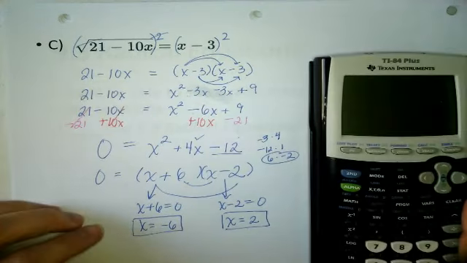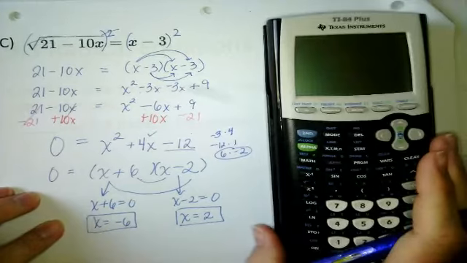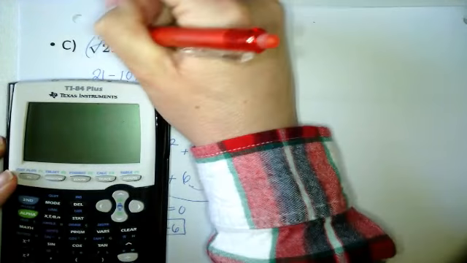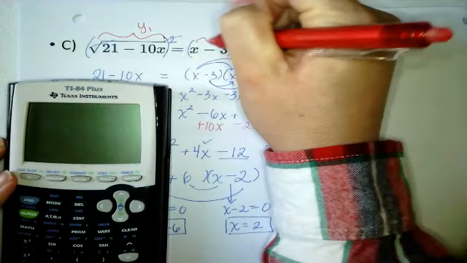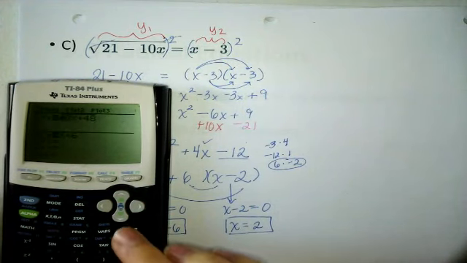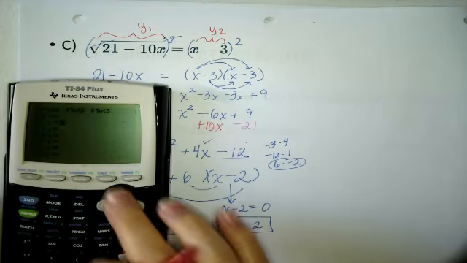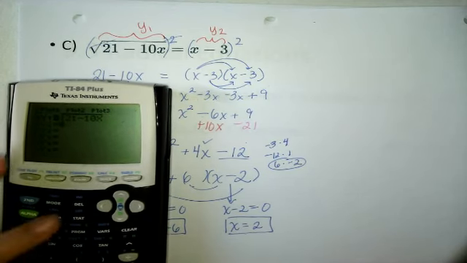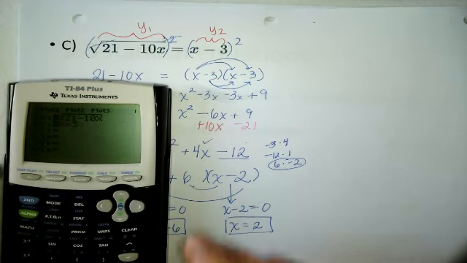So let's check our answers. Once again, to check, we're going to put the left-hand side in y1 and the right-hand side in y2. So the square root of 21 minus 10x, and then x minus 3.